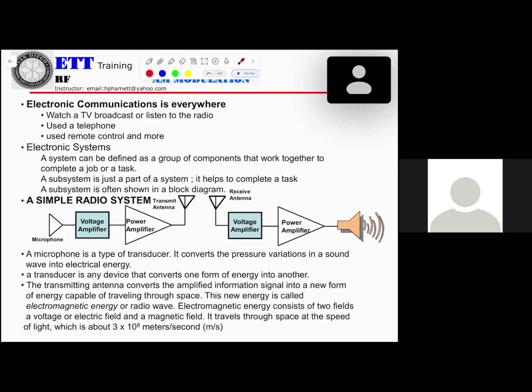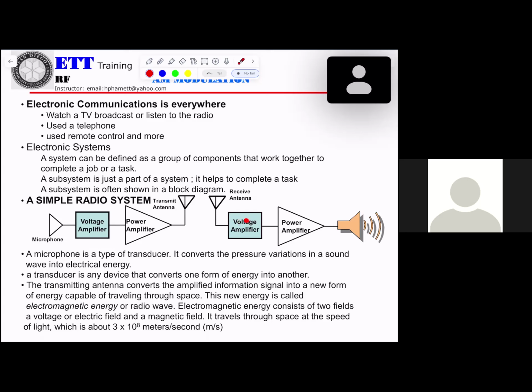The thing is, our voice signal is very weak and cannot be transmitted, so that's why you need the power amplifier. Then it goes into the antenna and is transmitted over the air. That's the transmitter.